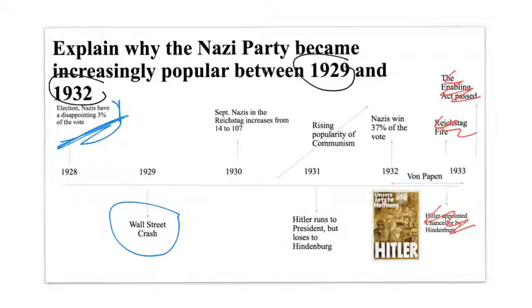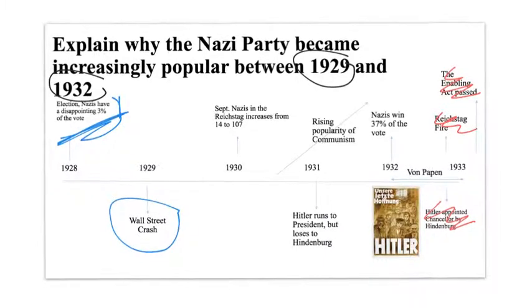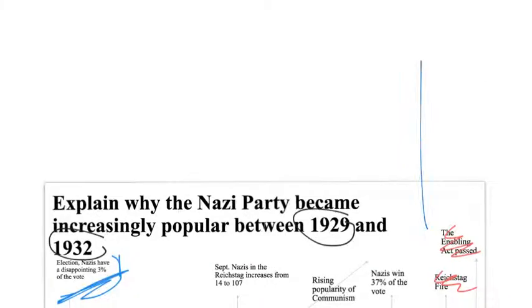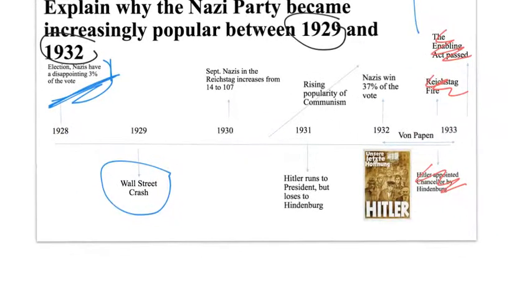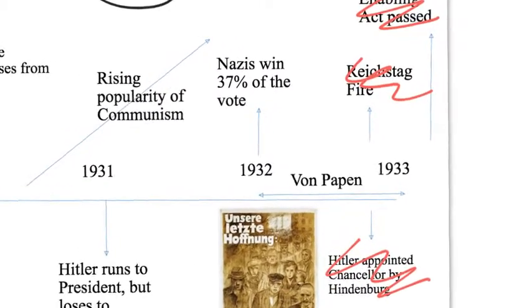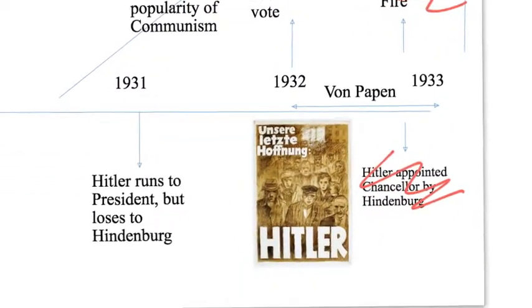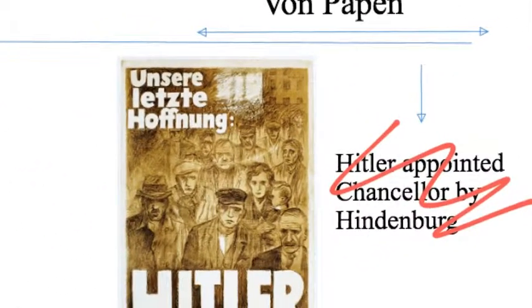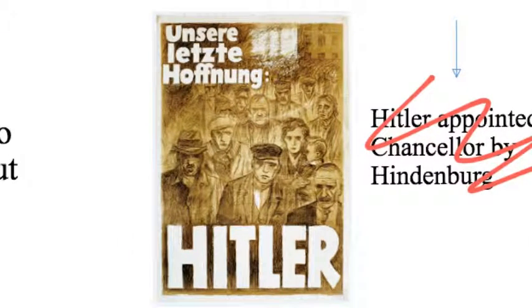But also I've put on here, and I discuss as we go along, that by 1932, Hitler is winning 37% of the vote, and I think that's down to the example of the propaganda that I've put on here for you. So this is one of Hitler's campaign posters from 1932, and we're going to have a look at his use of propaganda to help us answer our question.